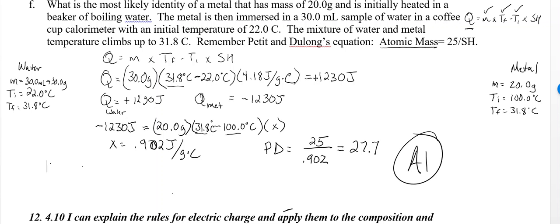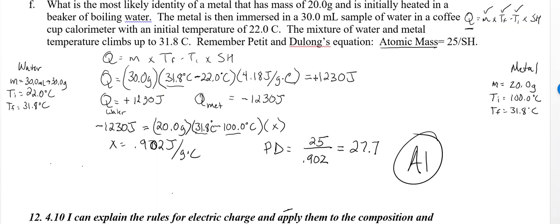So what we do is we think back to our blind illustration. We can't find the Q of the metal because we're blind. But we can see what happens to water. Because whatever happens to water, according to the law of conservation of energy, the opposite happened to the metal. So, do we have the mass of the water? Yes. Do we have the change in temperature of the water? Do we know the specific heat of water? Yes.